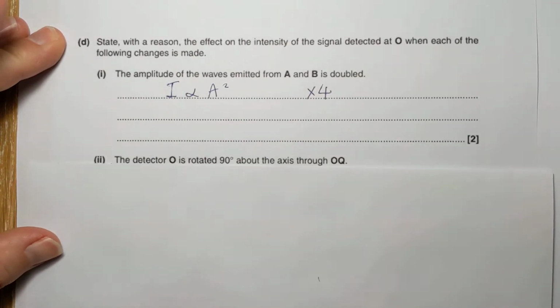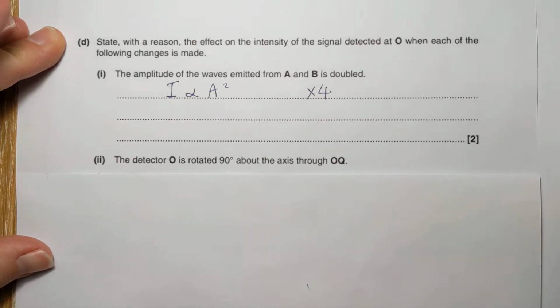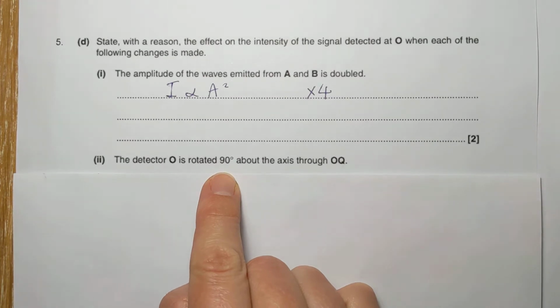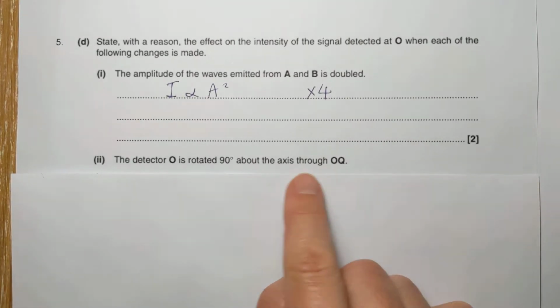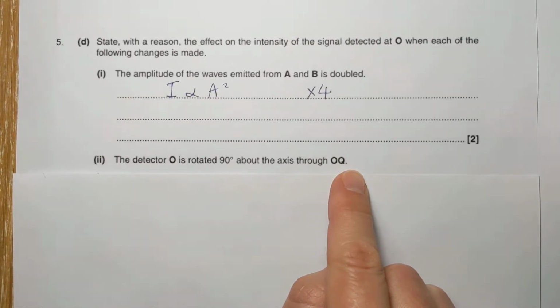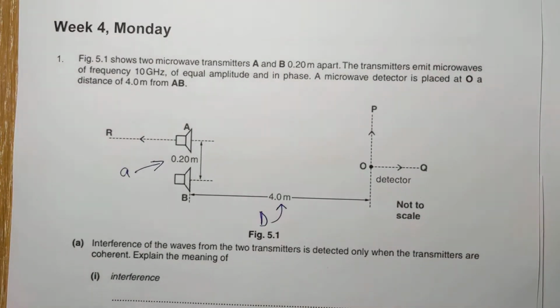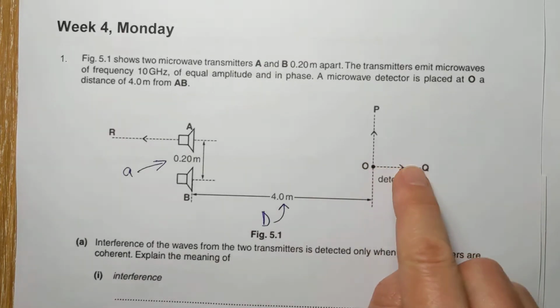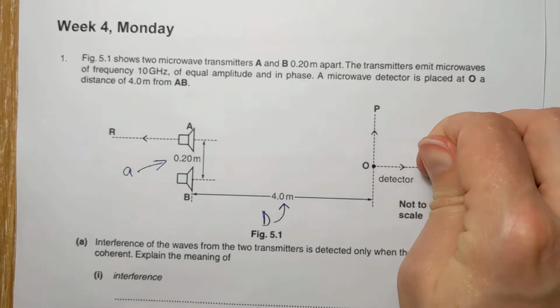And for the last part, what happens if we rotate the detector by 90 degrees around that axis? Okay, so here is OQ, that's our axis. So we've got to imagine turning that.